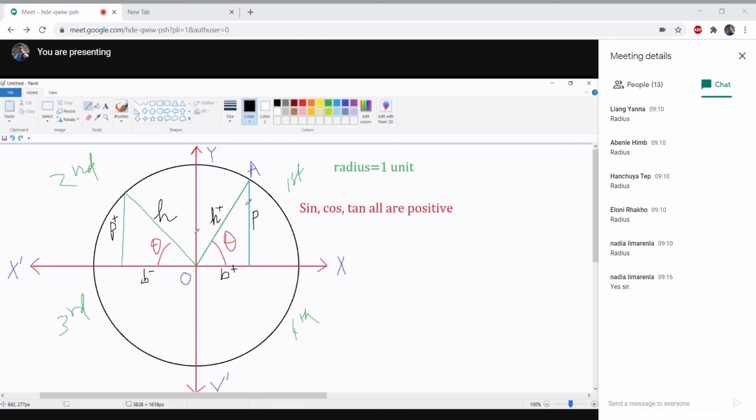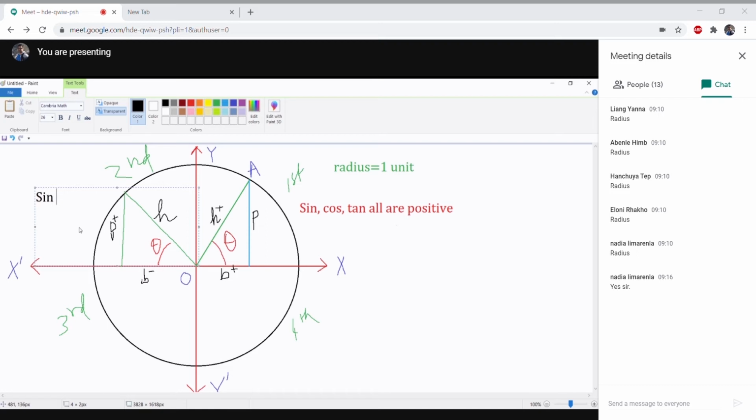So in the second quadrant, sine is positive, but cos and tan are negative. Okay, keep in mind this is a very important part of this chapter. Am I clear?